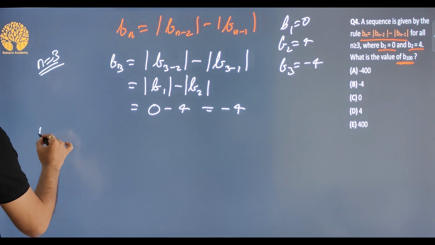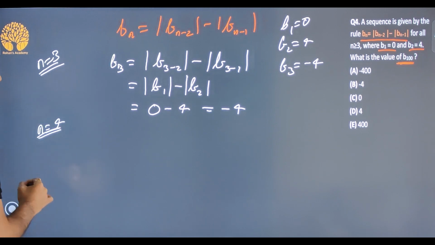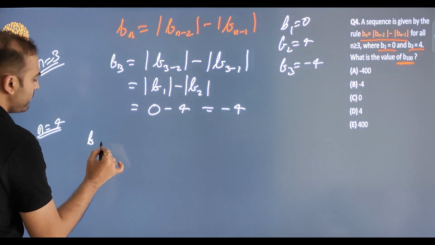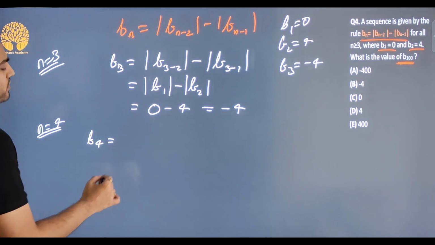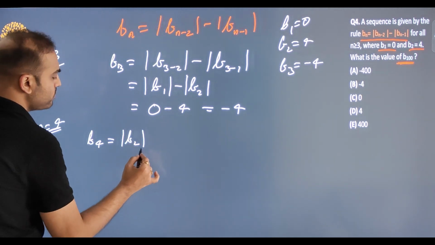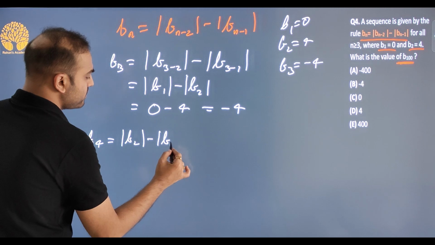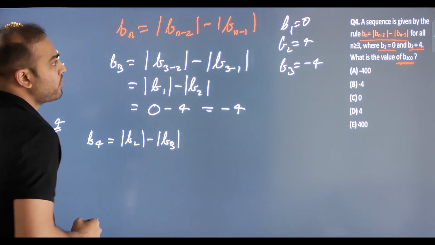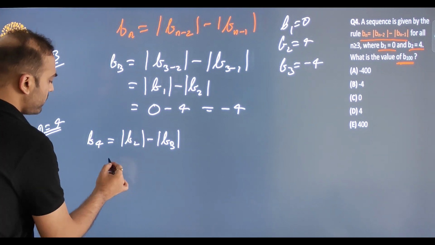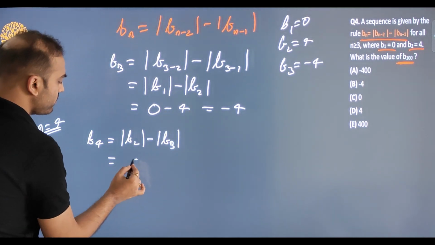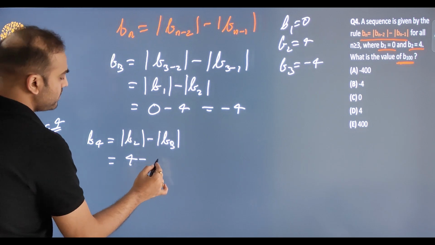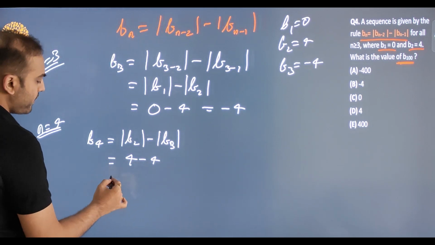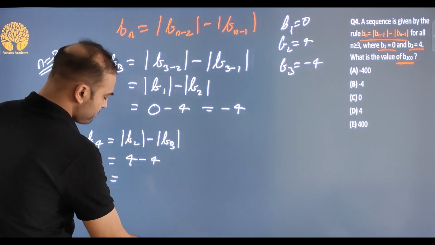So let's go ahead. Let n equal to 4. I get B4 as modulus B2 minus modulus B3. Okay. Modulus of B2 is 4. Modulus of B3 is 4 again. 4 minus 4, 0.